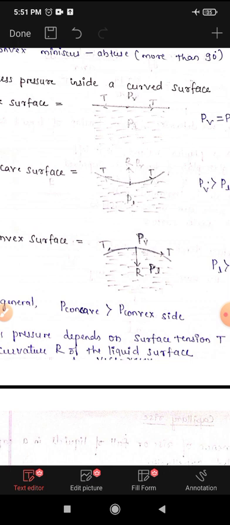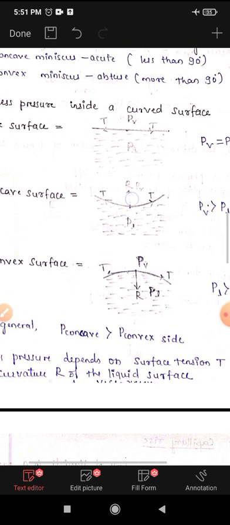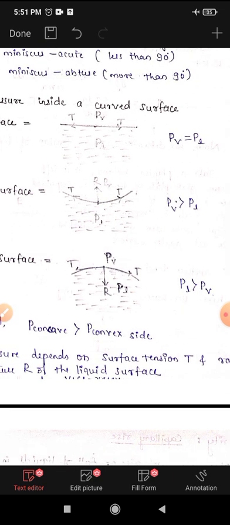So the resultant will be influenced by these surface tension forces, and it will be in an upward direction, which is the vapor side.